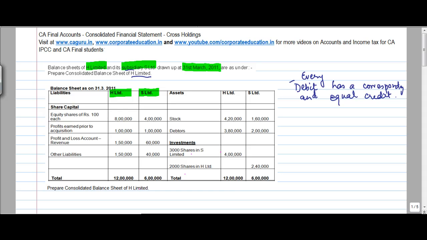Now you must be wondering, this is not what we have learned, this is not how we prepare the consolidated financial statements. But what is the relevance of this? The relevance is that when you get these two balance sheets to start with, their totals are equal. So as you move each item out of this balance sheet, you should ensure that you are getting an equal debit for this. Okay, now let me show you what I mean by this.